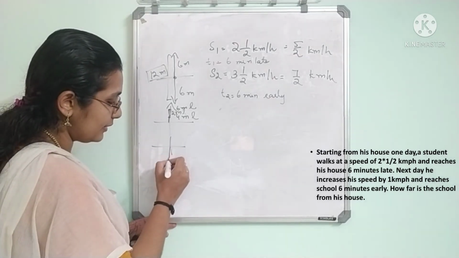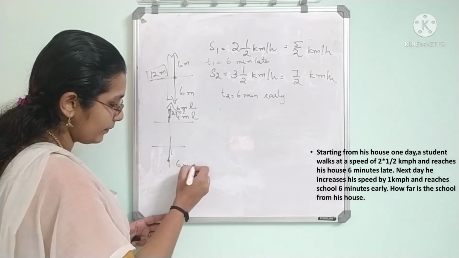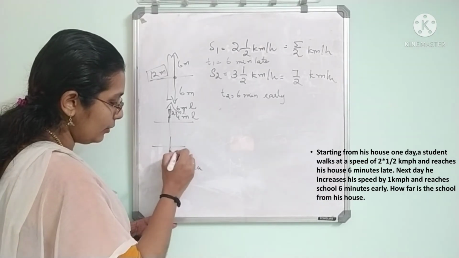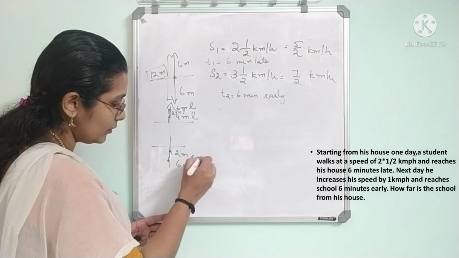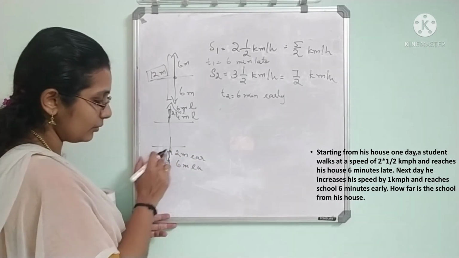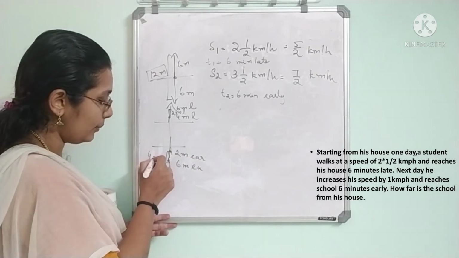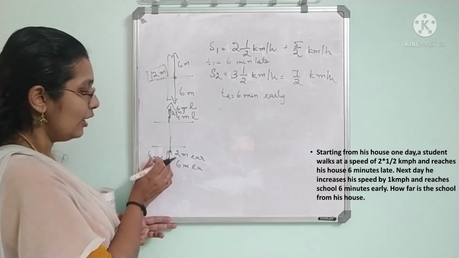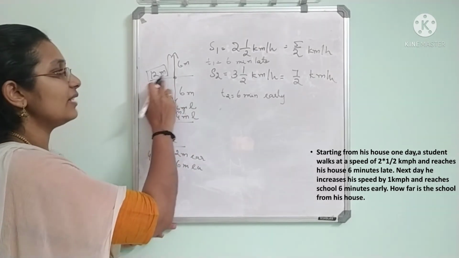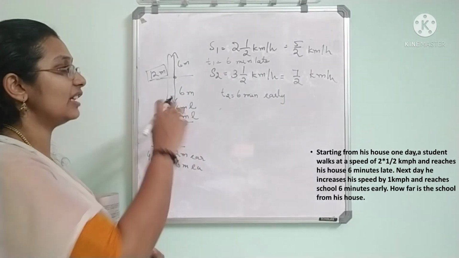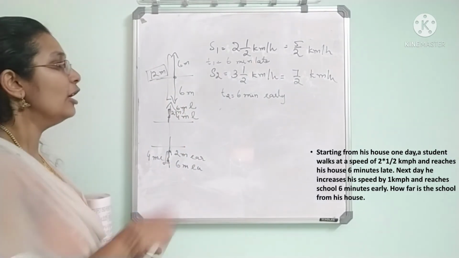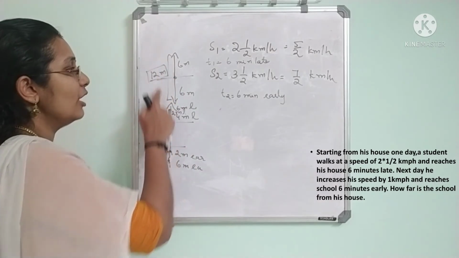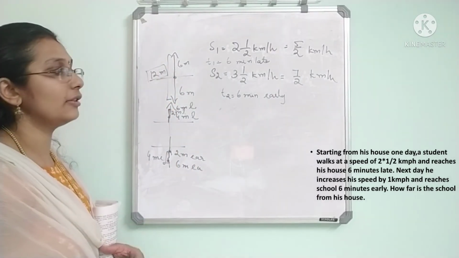Okay. 6 minutes early and 2 minutes early. So the difference between these two, the time difference is 4 minutes early. Clear? So the time difference here is 4 minutes, here it is 2 minutes and here it is 12 minutes, because one is late and another is early. Okay, both are in opposite directions. So the total time difference we'll have to take.